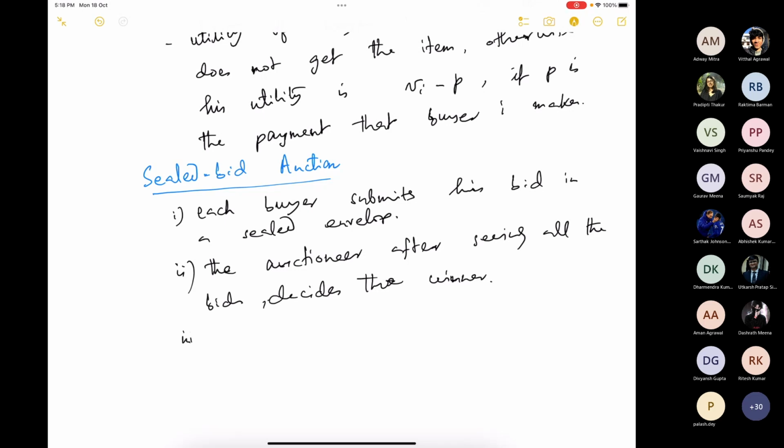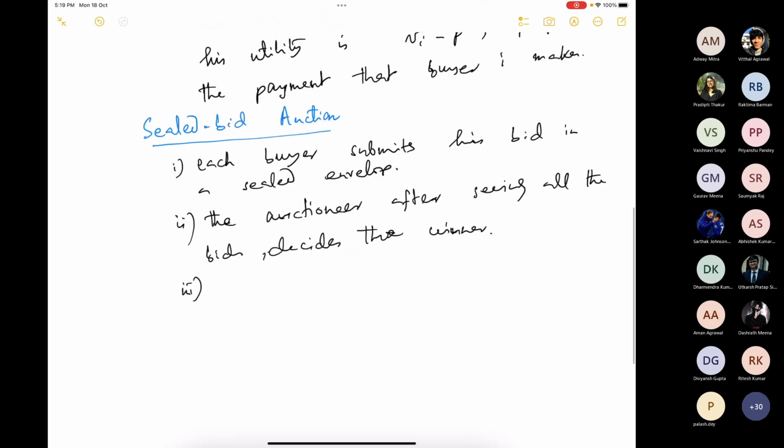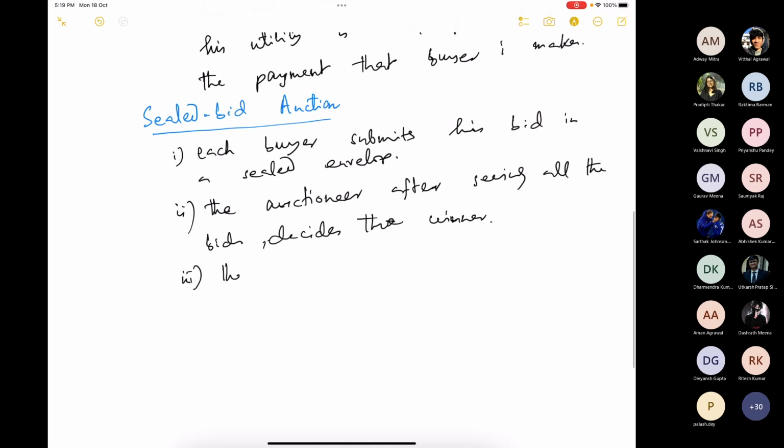And the third step is payment. The auctioneer decides the selling price. So here is the setting. Typically the second step is implemented as follows: all the bids are opened and whoever bids the highest is declared the winner.